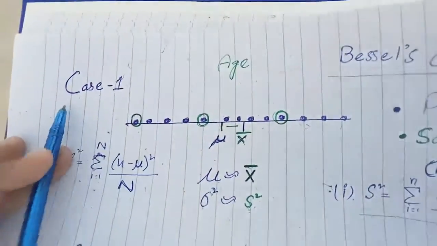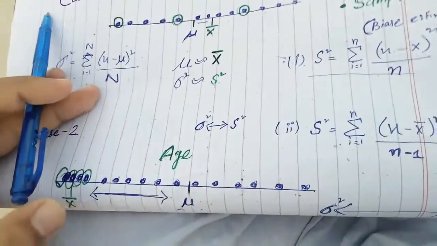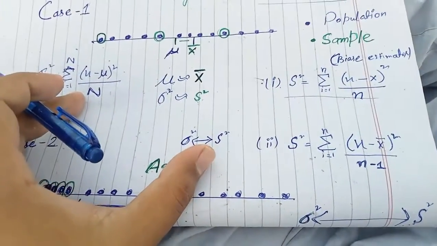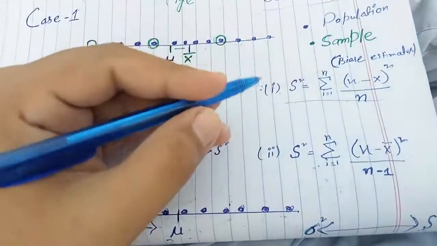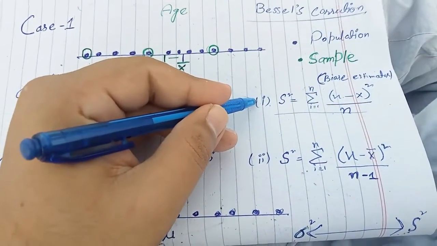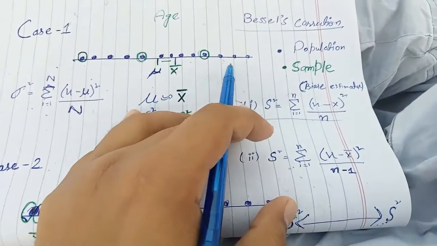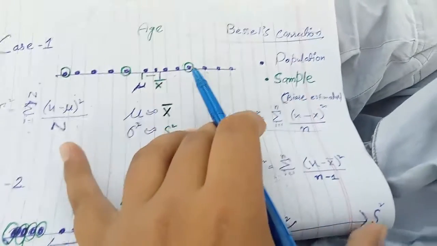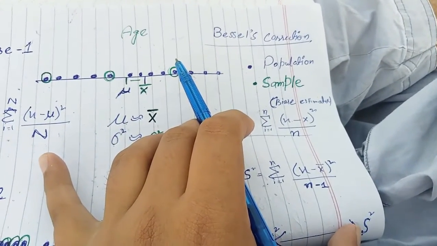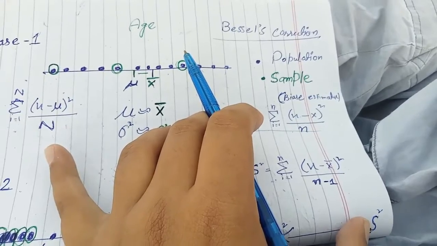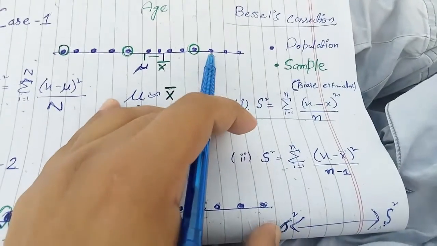This is case 1 and this is case 2. In case 2, we calculated the sample variance with this formula, and the value we got is very small, and there is a huge difference.